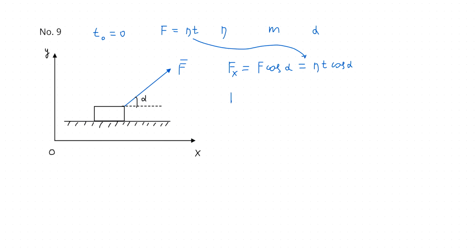And the vertical part, F sine alpha, so it is eta t sine alpha. Okay, that's great.